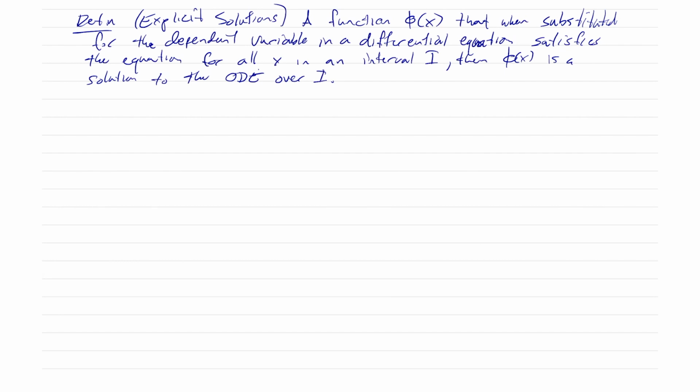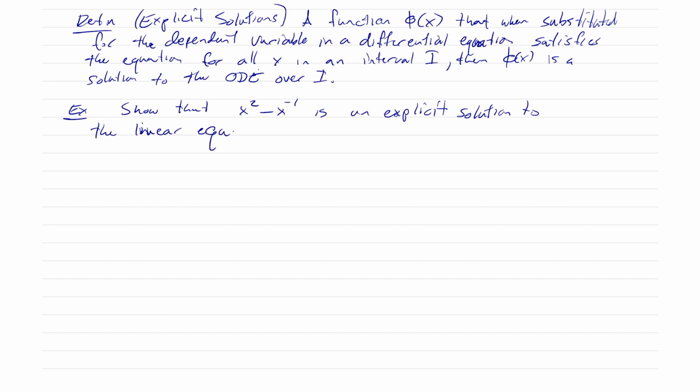So here's an example. Suppose that we want to show that x squared minus x to the negative 1 is an explicit solution to the linear equation where we have d squared y, so second derivative of y with respect to x, not t, minus 2 over x squared times y is equal to 0.